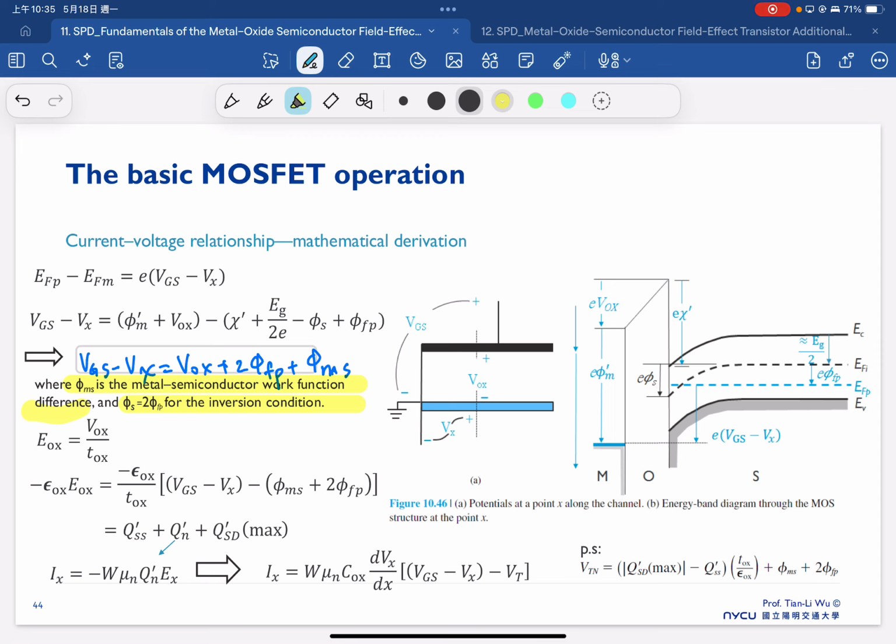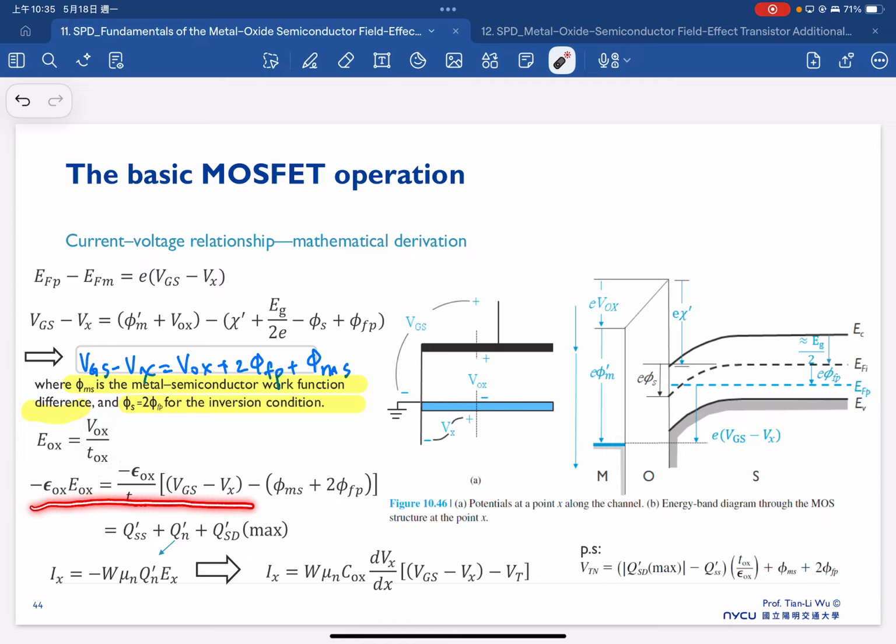Now we can also have the electric field on the other side, which is just equal to the voltage divided by the thickness here. So we have this term, which is also equal to this one. From the previous slide we have shown this will be equal to this one, so the Qn' is here. Finally we can have the current equation as shown here.